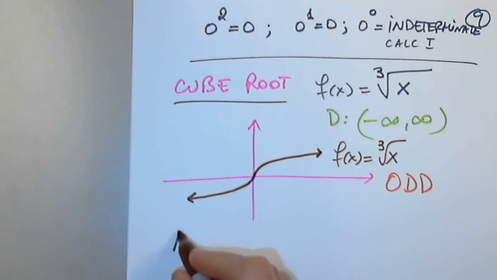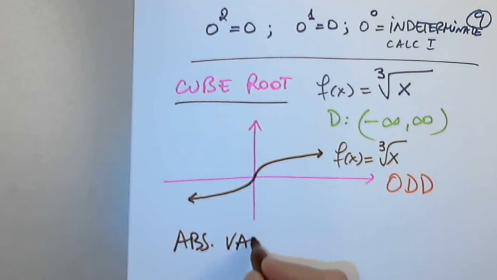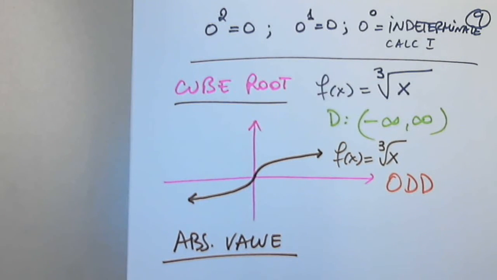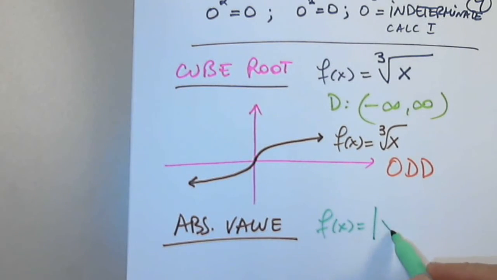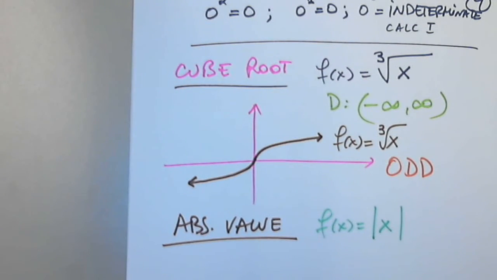Absolute value. Can anyone give us the simplest possible absolute value function? Other than Tom. Thank you very much. Good. So what is the domain of the absolute value? Of course.